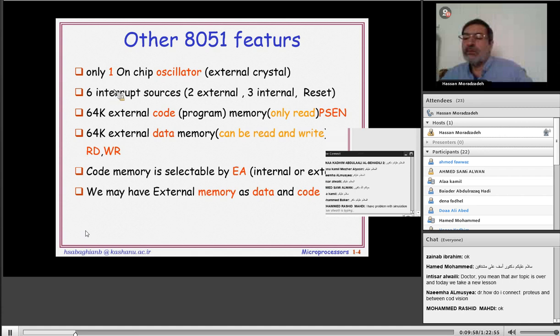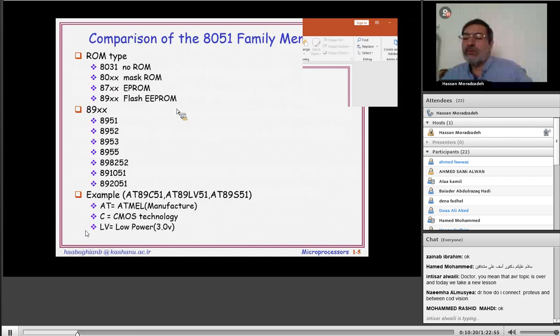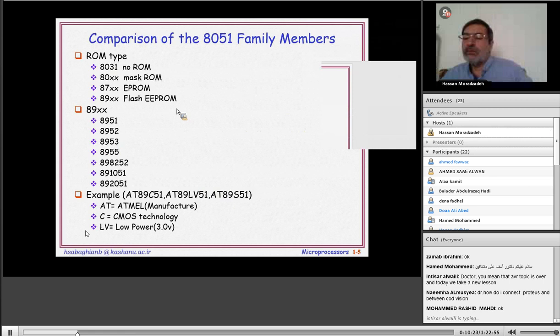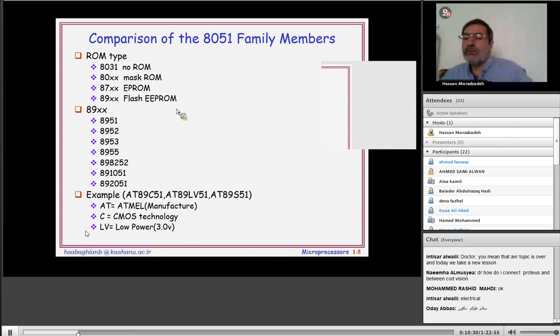In the next slides, we can see some components of this family. For example, in the 8031, there isn't any ROM. In the 8751 or 8731, we have EPROM. In the 8951 or 8931, we have E2PROM.